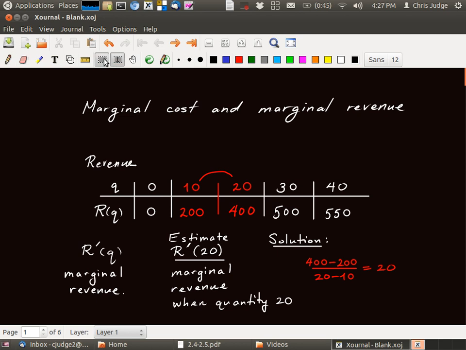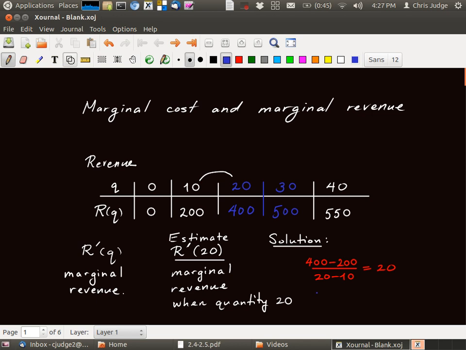So that's for this interval, but then I also want to check the other interval around 20. Next I'm going to work on the interval from 20 to 30. That's another interval that contains 20. Those are the smallest intervals that contain 20.